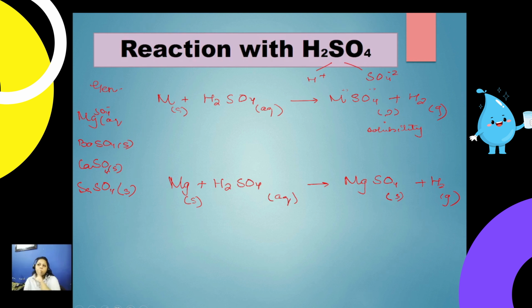There is no balancing required, it's already balanced. Let's write for barium. It's Ba, solid, plus H2SO4. For barium, strontium, calcium, it's the same. Aqueous, it gives barium sulfate, BaSO4, that would be solid, and hydrogen as a gas.